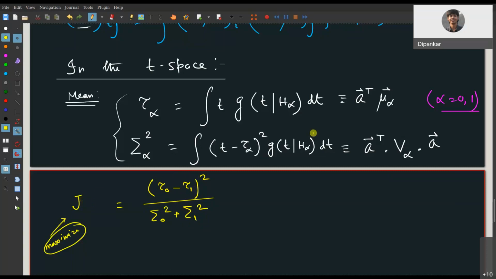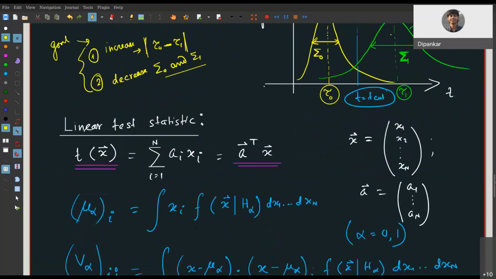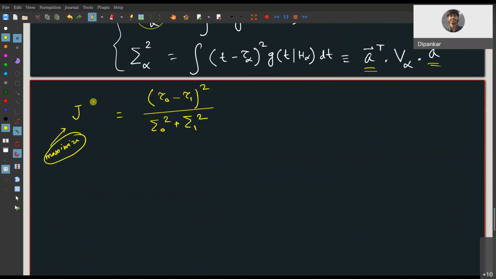This J will depend on these A matrices, because my tau alpha and sigma alpha squared depend on these A matrices. These coefficients are precisely those things that I want to determine for my optimal test statistic construction. So basically, this J is a function of this A vector, the coefficients.